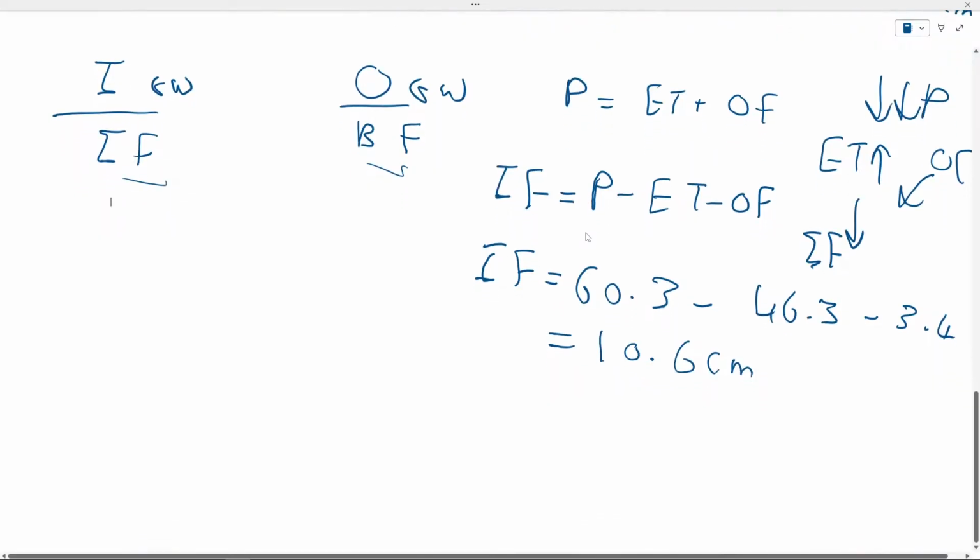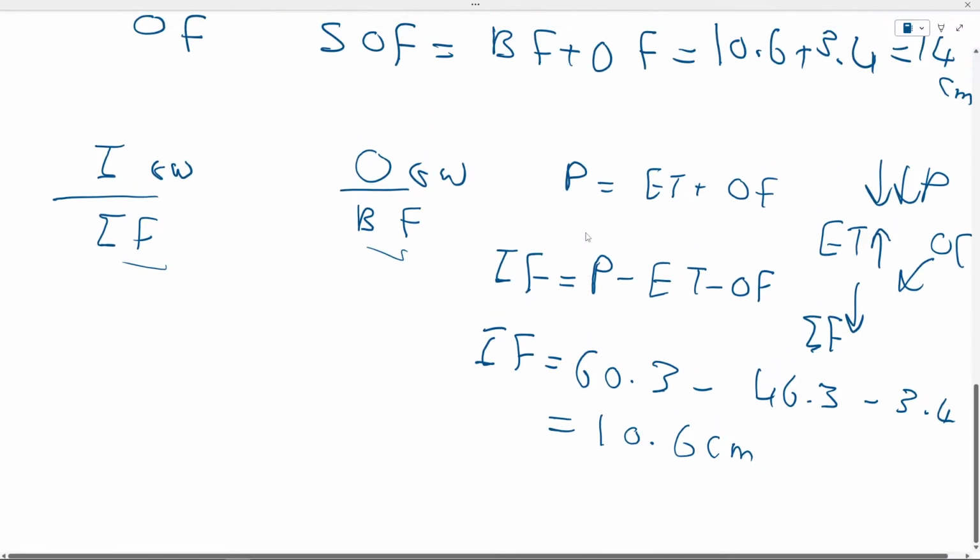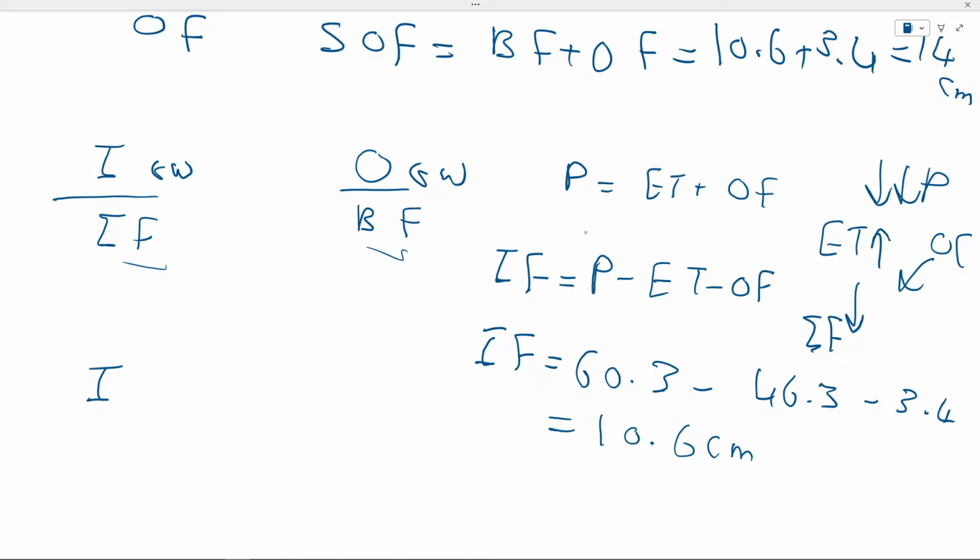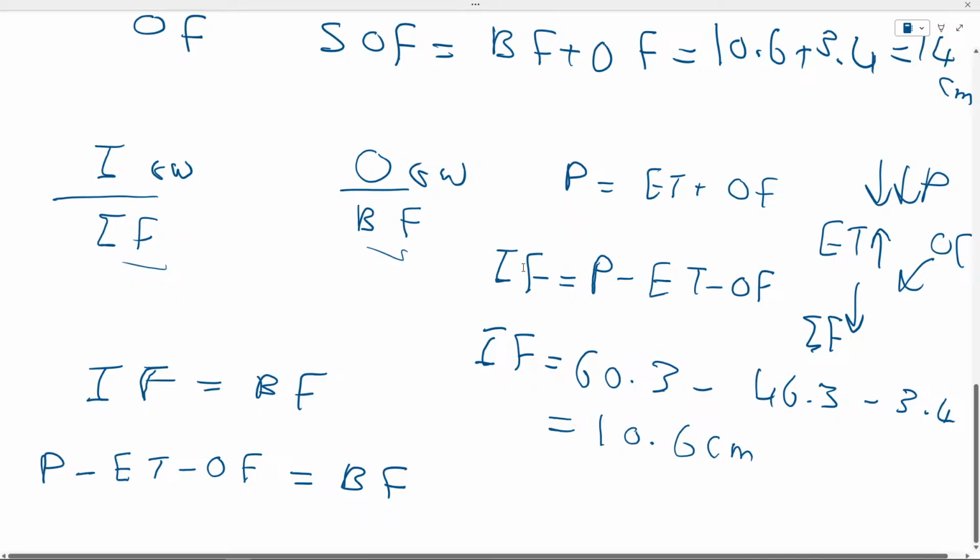So for the groundwater system, infiltration is equal to base flow. You can write it more explicitly: precipitation, negative ET, negative overland flow, equal to the base flow. Basically that is how you solve the system.